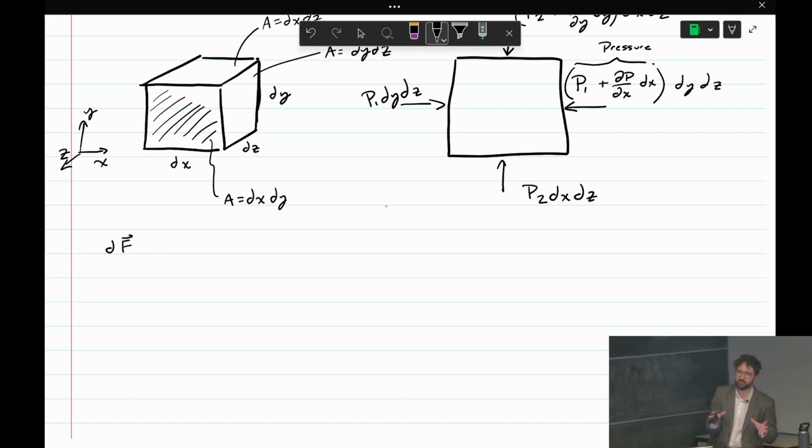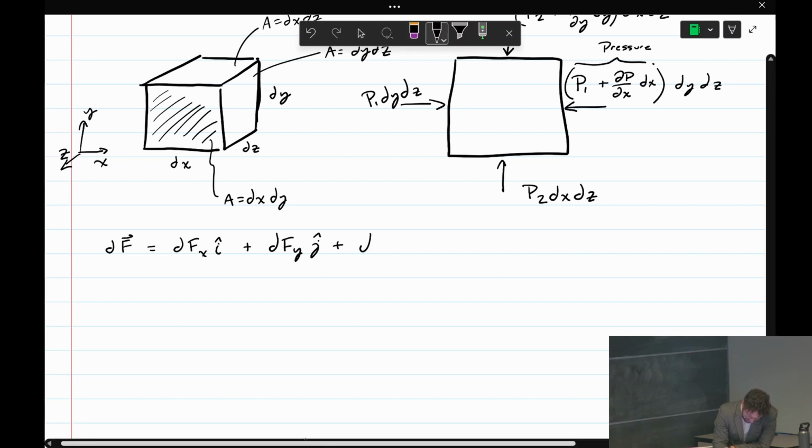We say df because it acts on our dx, dy, dz differential cube. So df is dfx i hat plus dfy j hat plus dfz k hat. That's our differential force vector.